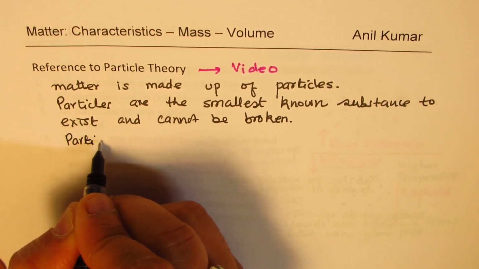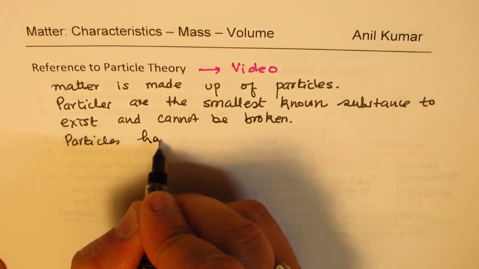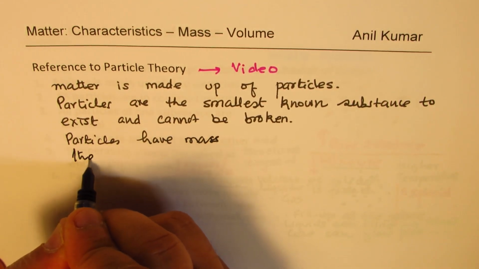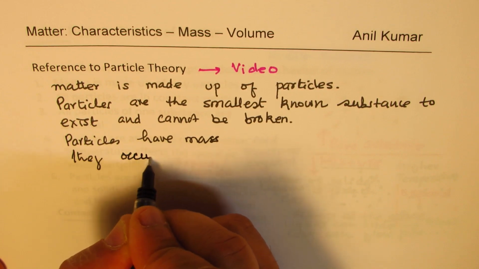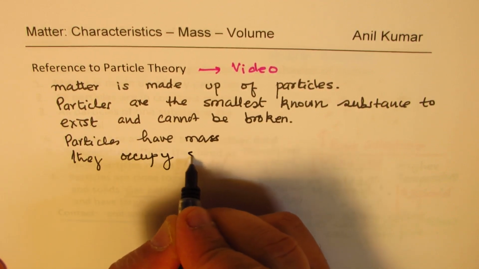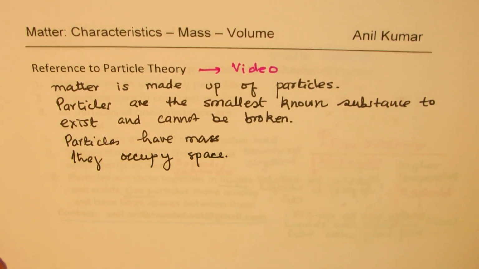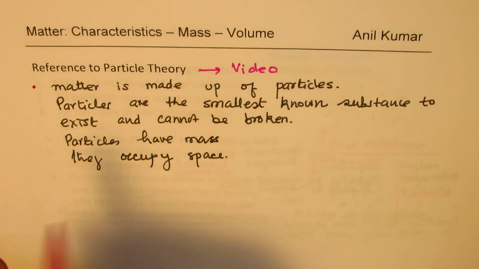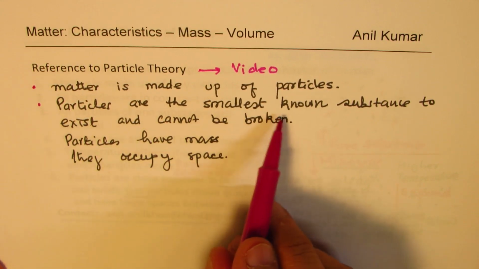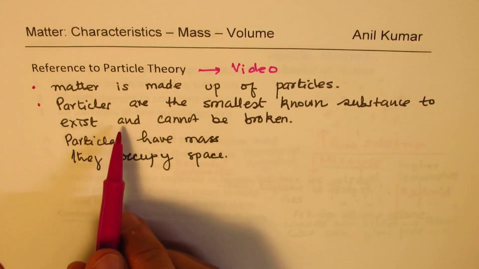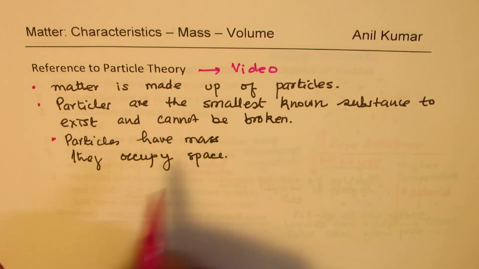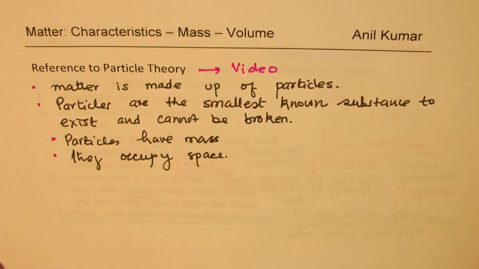Particles have mass. They occupy space. Now when you look into these things, that is, one, we are saying matter is made up of particles, and particles are smallest known substances to exist and cannot be broken. Then we say particles have mass and they occupy space. So that is what particle is.